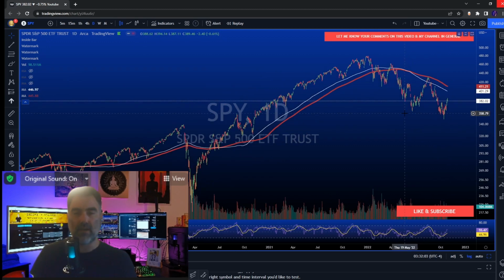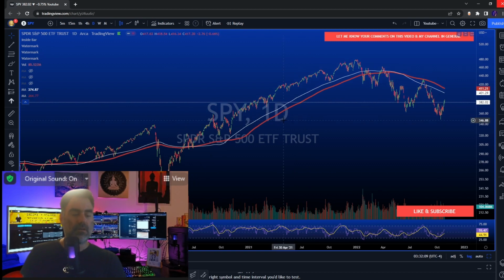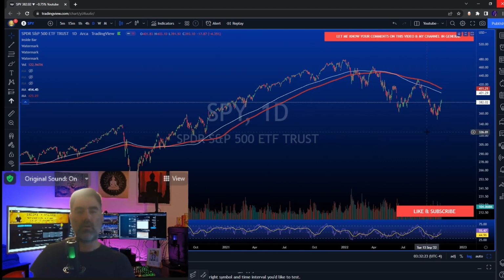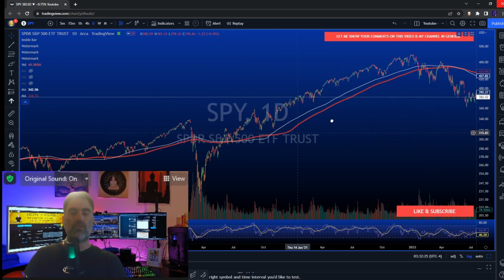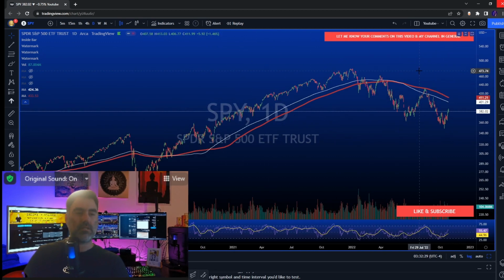Now I have the 150 and the 200, two very common EMAs for the long term, because the 200 takes 200 candles and makes an average, and the 150 takes 150 candles and makes the average of the closing price. But if I look left, they are both very similar in their move, so I don't need two of them.